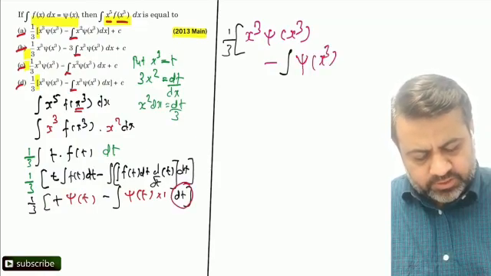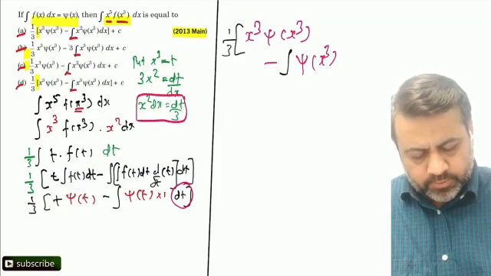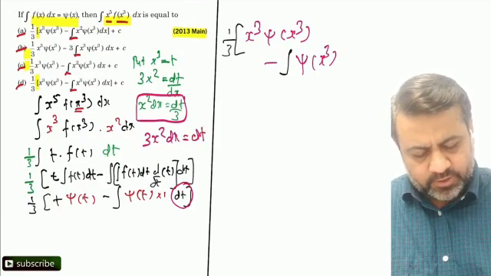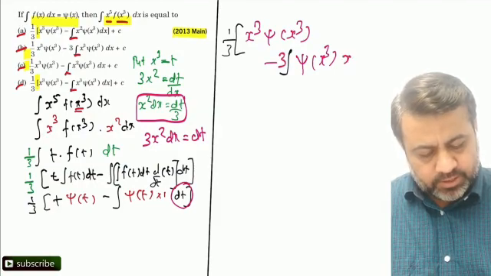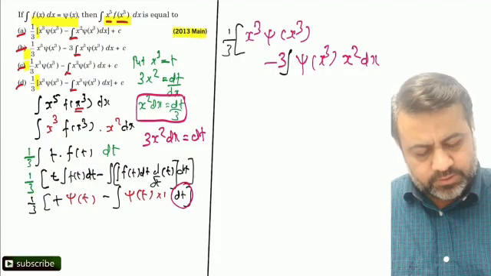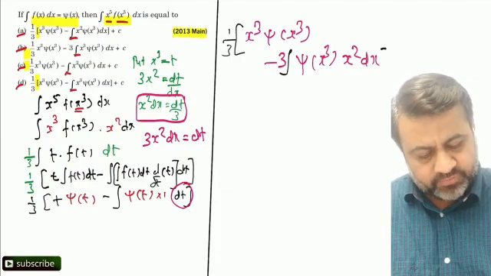But what about this dt? This dt I'll write here. If you observe this part, we can say 3 times x square dx is the value of dt, right? So I'm writing 3 times x square here. 3 being a constant, I'm keeping it outside the integration sign. x square dx, bracket close. The bracket, I said, is very important.